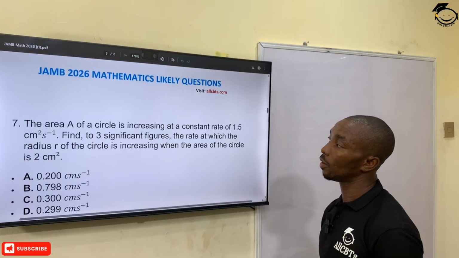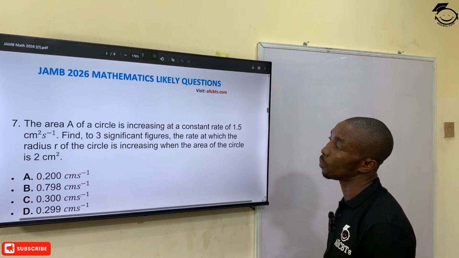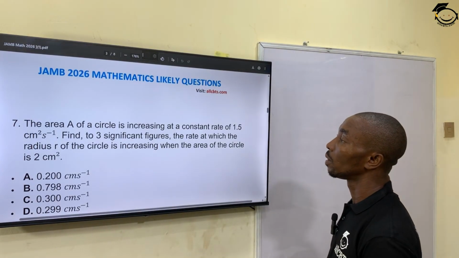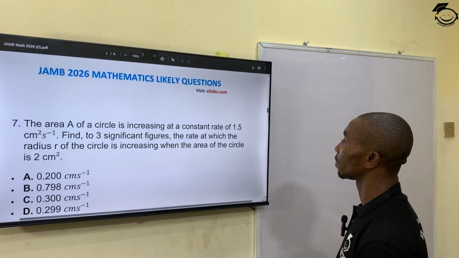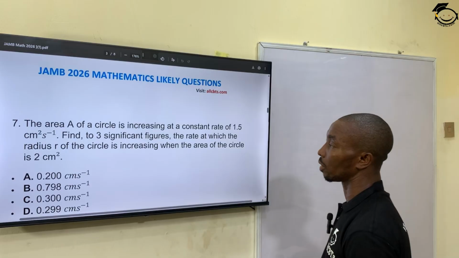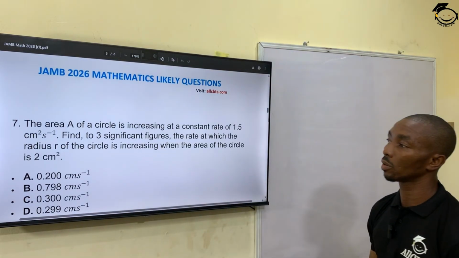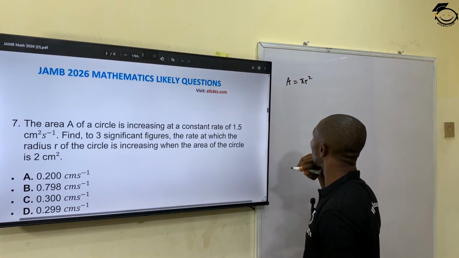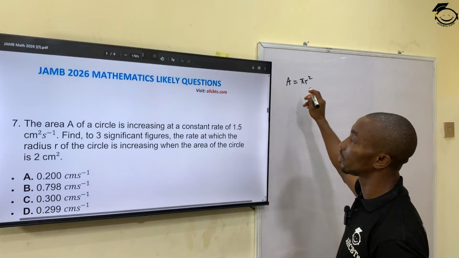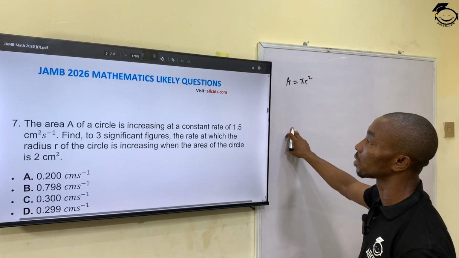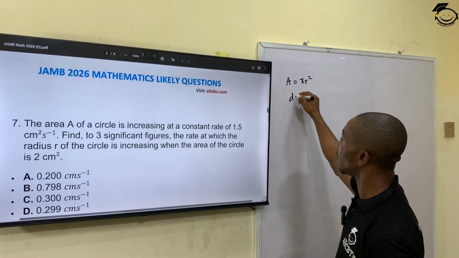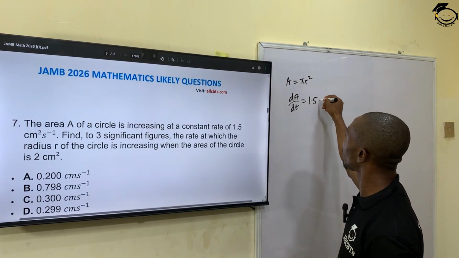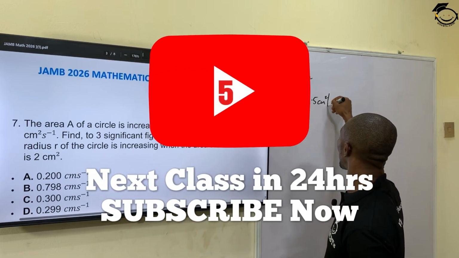The area A of a circle is increasing at a constant rate of 1.5 centimeter square per second. Find to 3 significant figures the rate at which the radius r of the circle is also increasing when the area of the circle is 2 cm. Now we know that area equals pi r squared. They said the rate of its increase, which is our dA over dt, is 1.5 centimeter square per second.